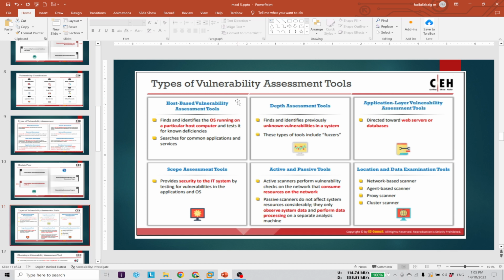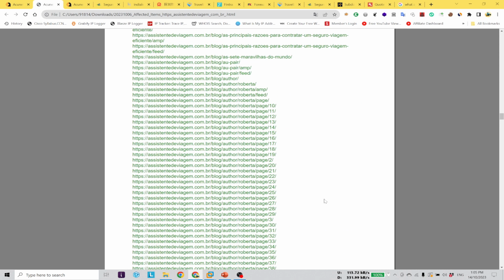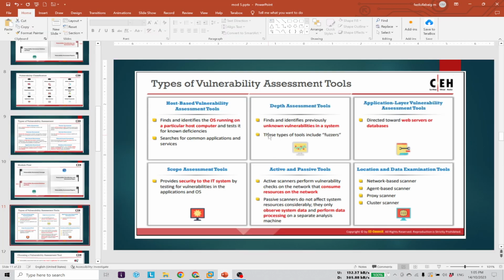We can find out the directories on a web application or an operating system. I'll show you in the report. See what they are telling in the second line: these types of tools include fuzzers. What are fuzzers? They are brute forcing. Brute forcing means attacking one particular value, like a directory or password; anything can be brute forced.